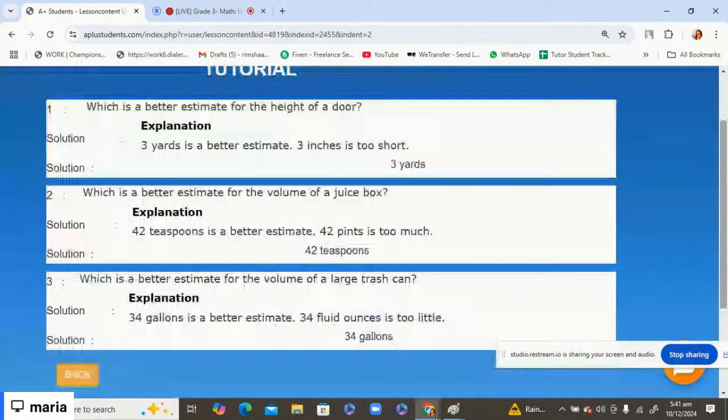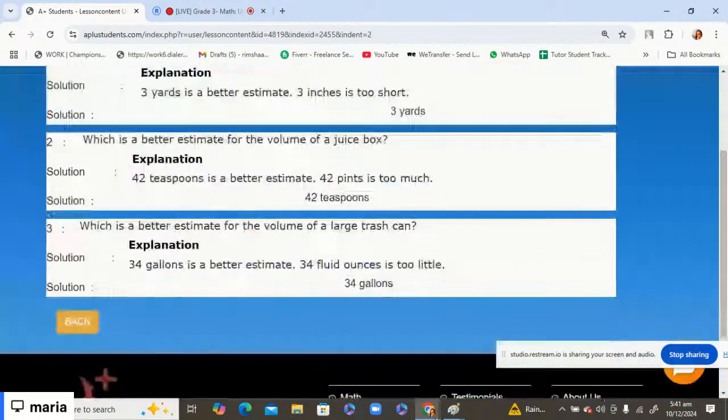Then they are asking, what is a better estimate for the volume of the large trash can? Now, you guys tell me.